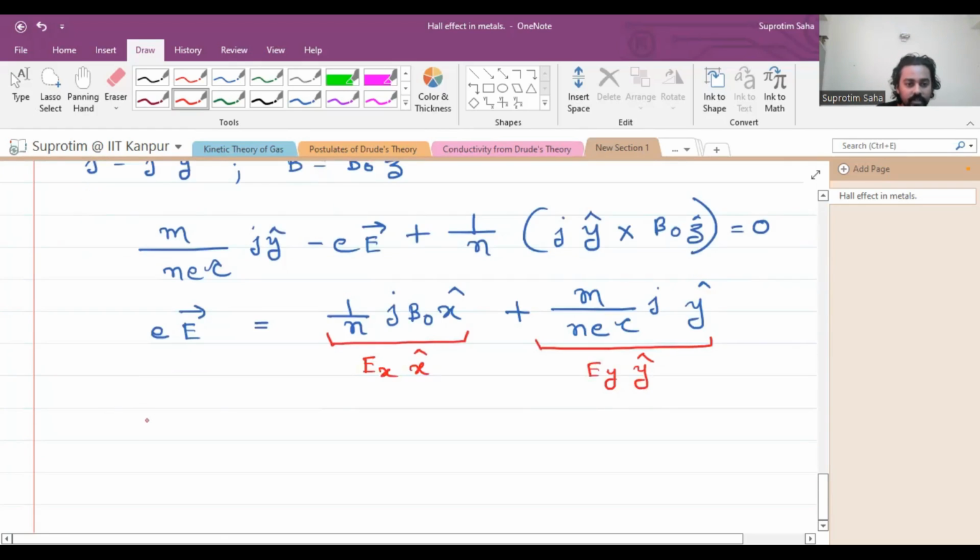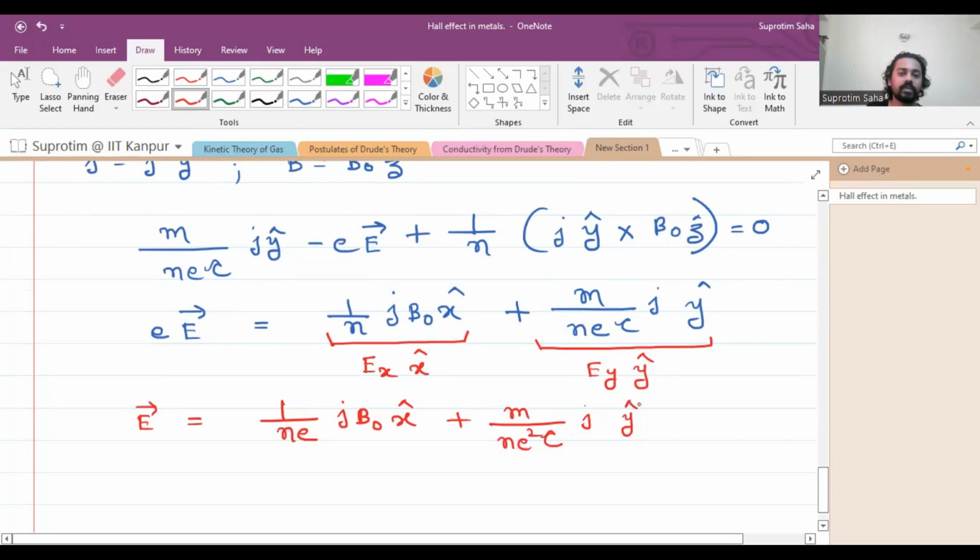So E vector equals 1 by ne J B naught X cap plus m by ne squared tau J Y cap, and this is your Ex X cap, and this is your Ey Y cap.